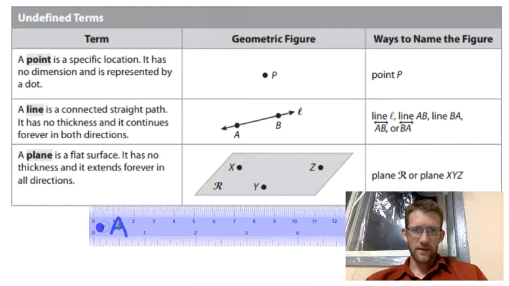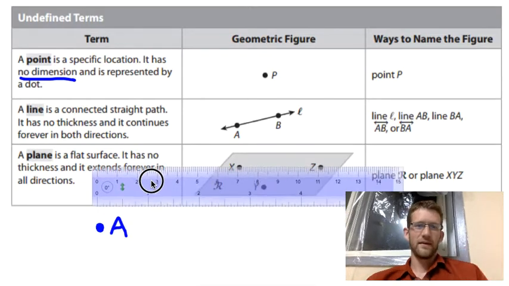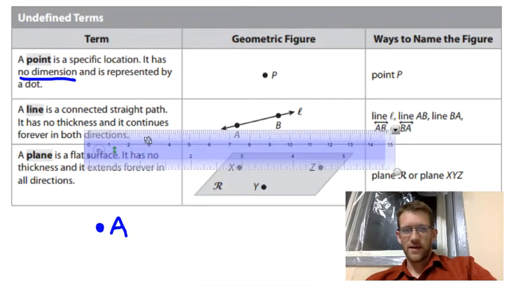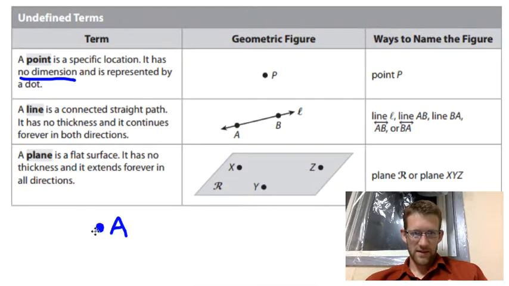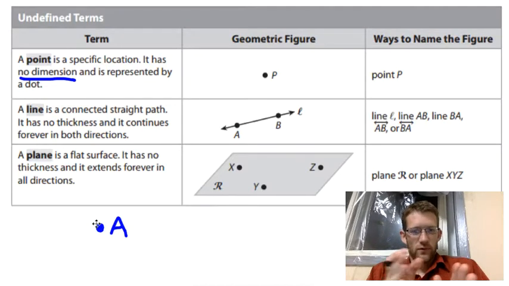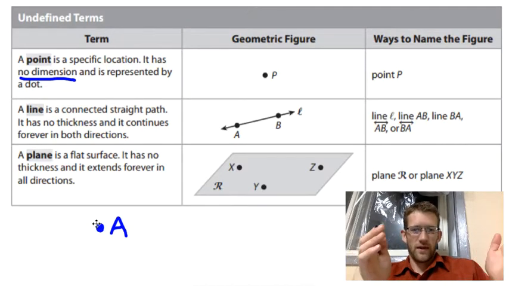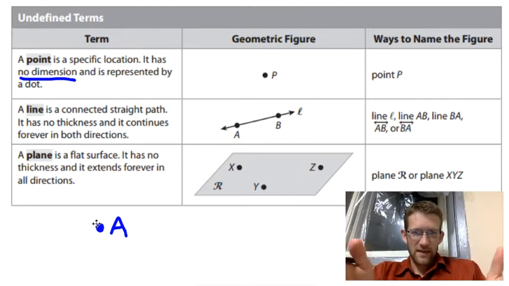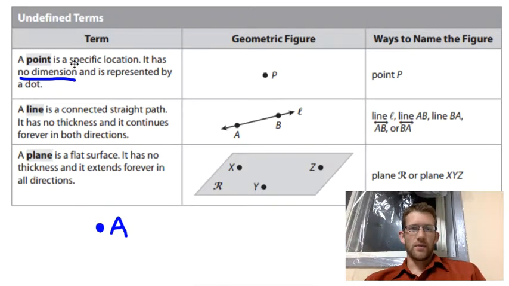Look up here. It says it has no dimension. If something has no dimensions, it has no length or width. This dot may be 0.4 centimeters wide because if it had no dimensions, we wouldn't be able to see it. But the point itself actually has no dimensions.